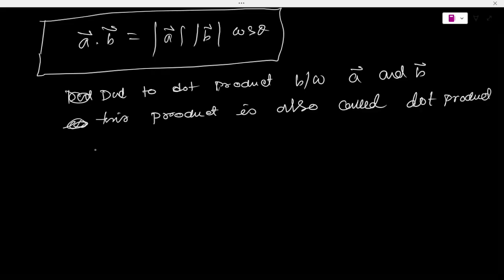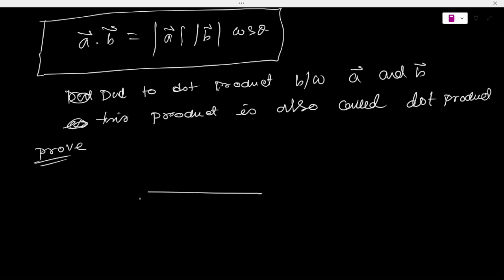Mathematics is not just a statement; its base depends on proof. Without evidence you cannot say that it is a dot product or cross product. How can you say that A dot B is equal to AB cos theta? What is the logic? So let's prove it.